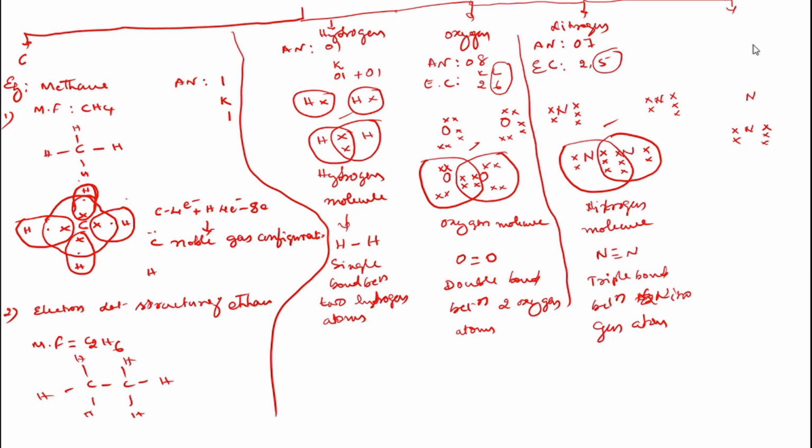See, this is ammonia, that means NH3. NH3 dot structure, just we will see. See, that means 3 hydrogens are there. 1 dot here, 1 dot here and 1 dot here. These are all the hydrogens. Now you see nitrogen.